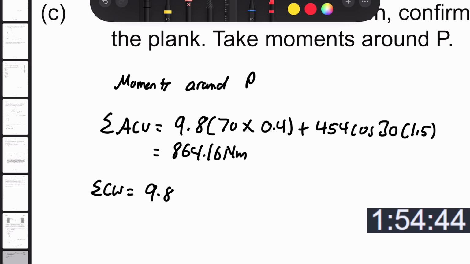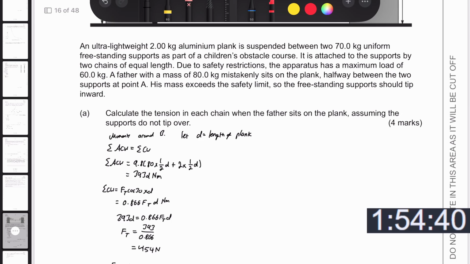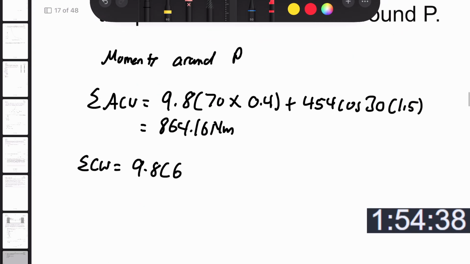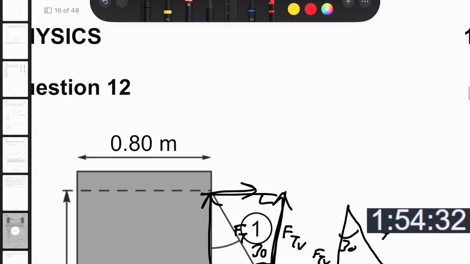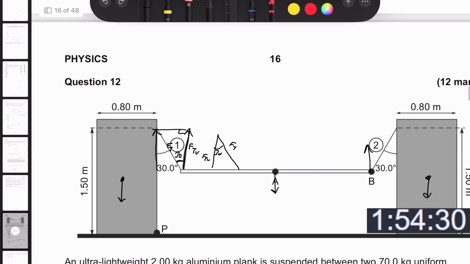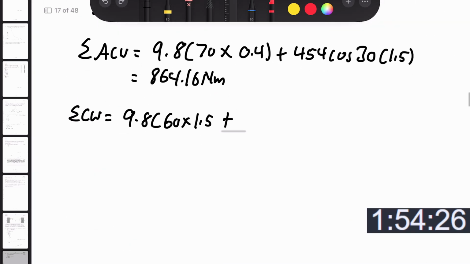Clockwise is 9.8 times, then let's see, 60 times 1.5 plus, because this is my perpendicular, it's going to be pulling that way, plus 2 times 1.5. So that is 9.8, 60 times 1.5 plus 2 times 1.5.